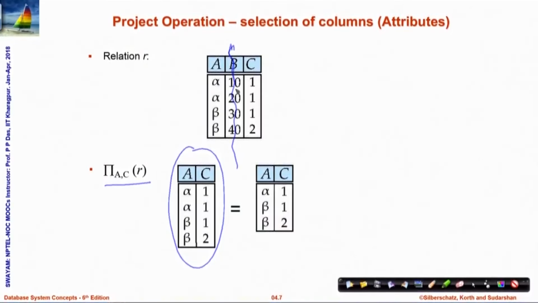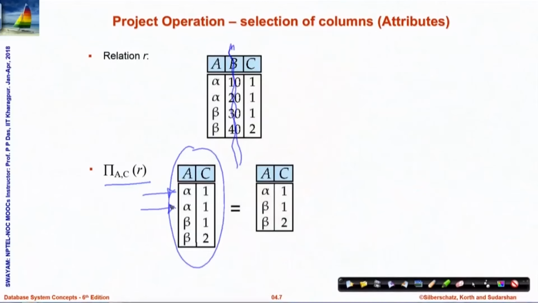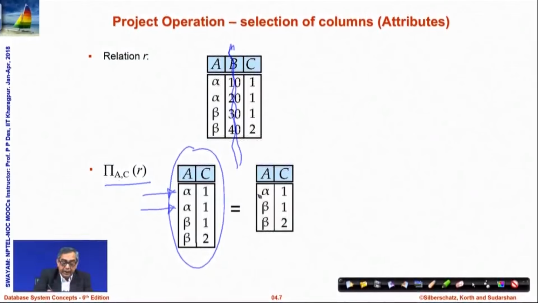So, after erasing B, the first and the second row have become identical. Naturally, both of them cannot be there; it will have to be made distinct by erasing any one of them, and hence they become one row in the result.